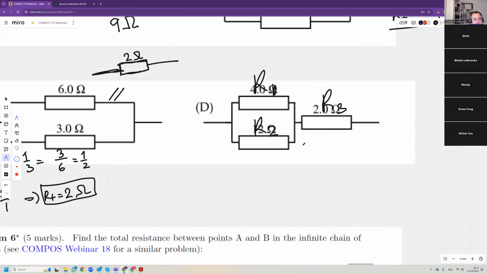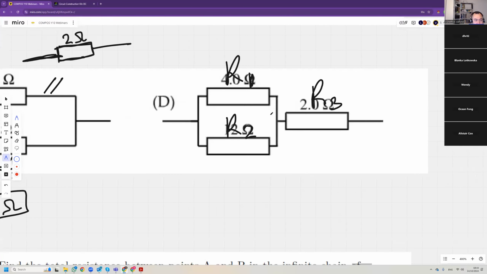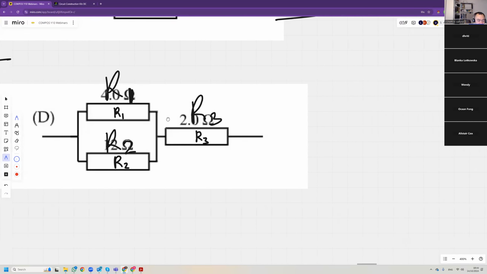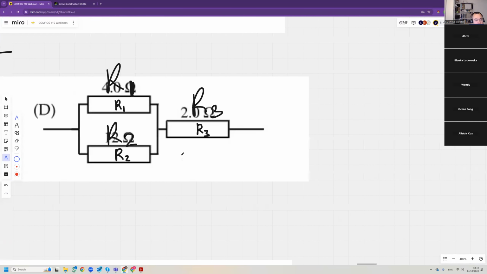Now this one, sorry, I made a mess here, but this is R1, and this is R3, and this is R2. So basically what I want is to do the problem, but with just algebraic manipulation. So what is the total? First we find the combination of R1 and R2.